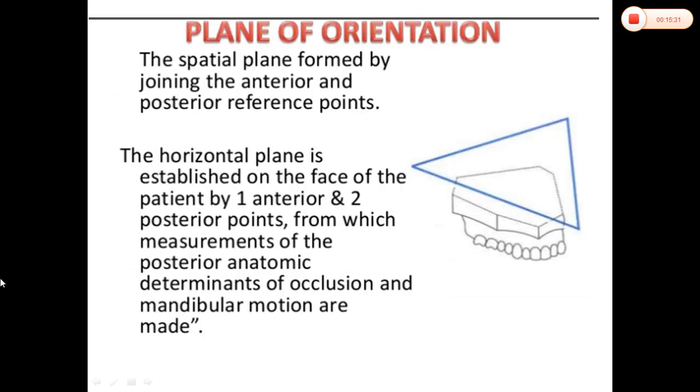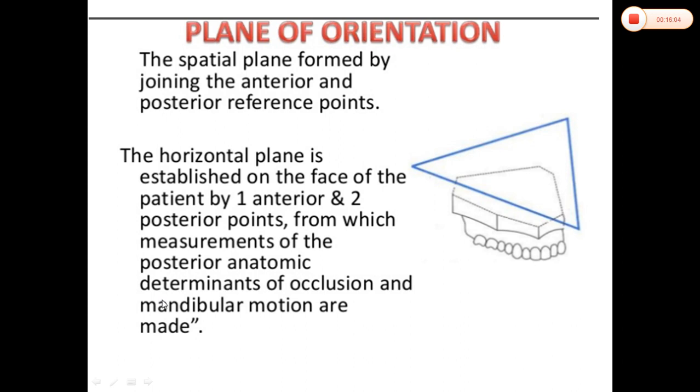So this is the plane of orientation that has to be referred to, what I was telling you before. This is a spatial plane formed by joining anterior and posterior reference points. So the horizontal plane is established on the face of the patient by one anterior and two posterior points, from which measurements of posterior anatomic determinants, that is occlusal contacts and mandibular motions, are made. So this is the hinge position from where exactly the mandibular movement is going to start.